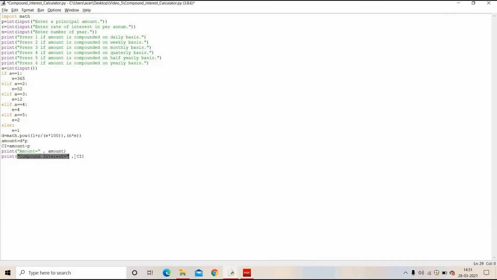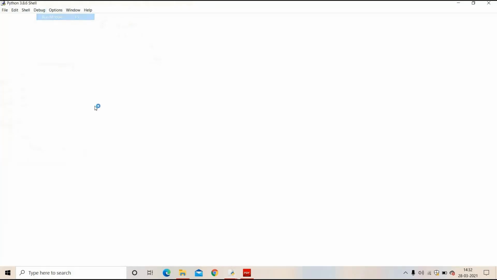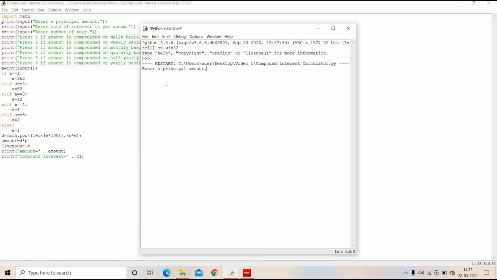This statement will print this argument followed by compound interest which is computed by this equation. So we have written the Python code to make a calculator. Now let's run the program.